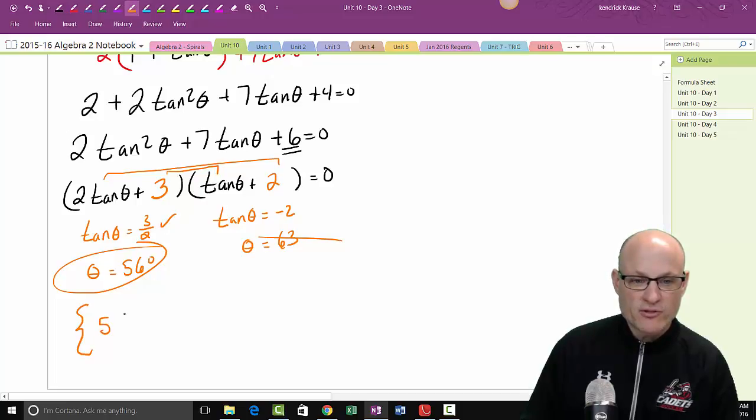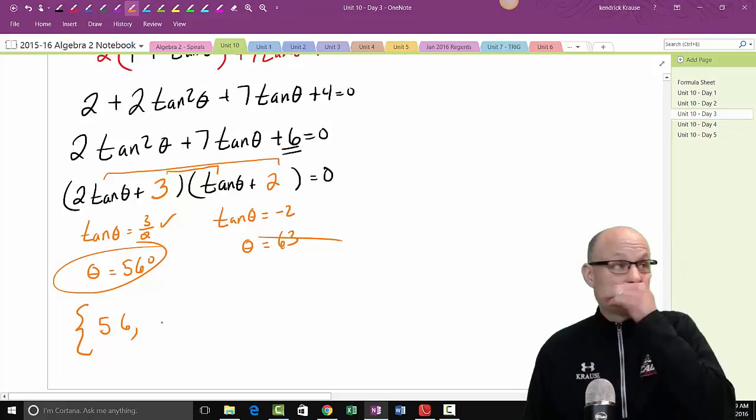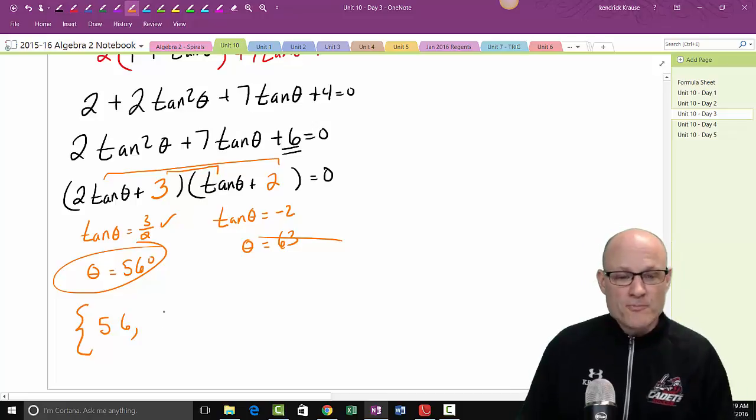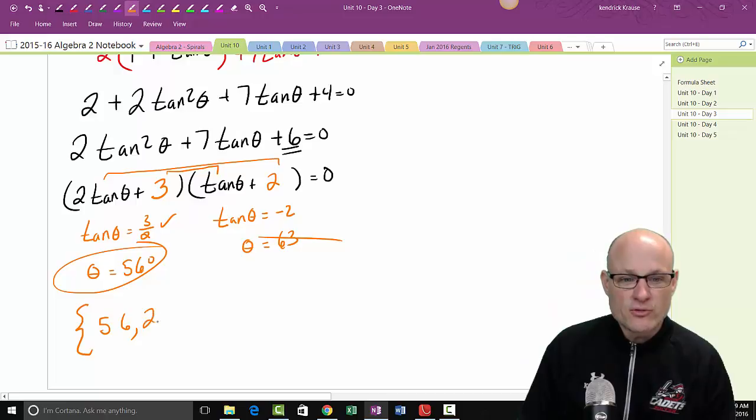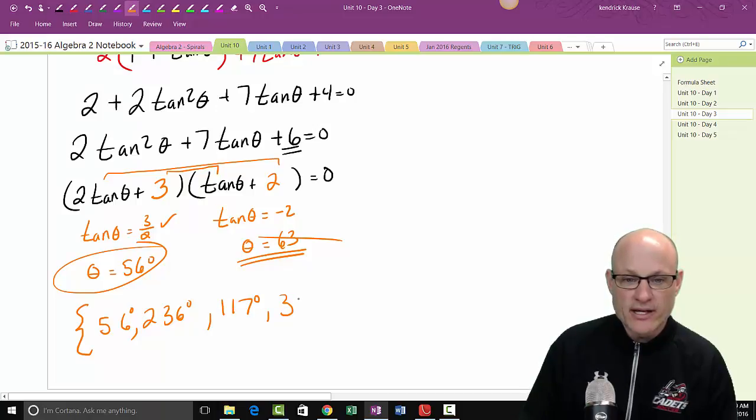So 56 degrees. And now tangent's positive in the third quadrant. So 180 plus 56 degrees is 236 degrees. I'm not keeping this, so I do 180 minus 63 degrees. That's 117 degrees. And just like before, this is going to be 297 degrees.